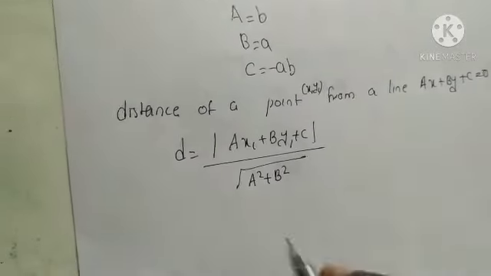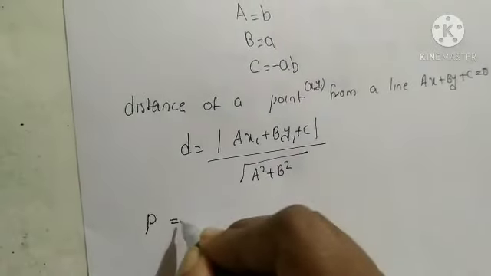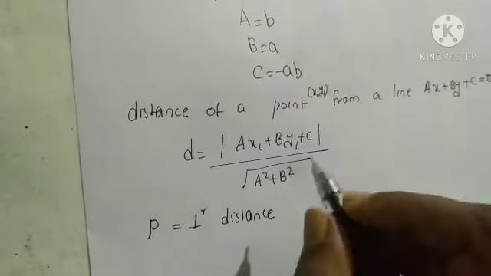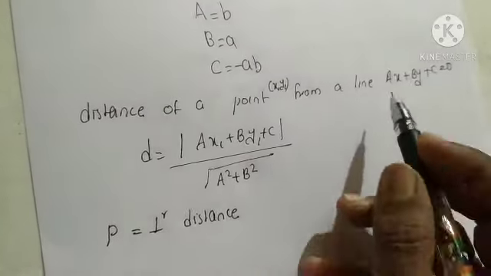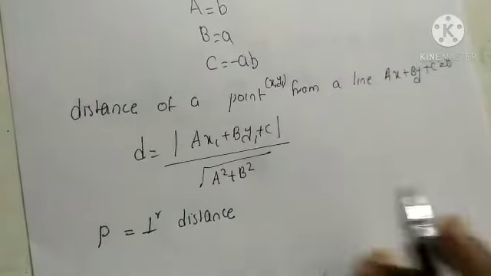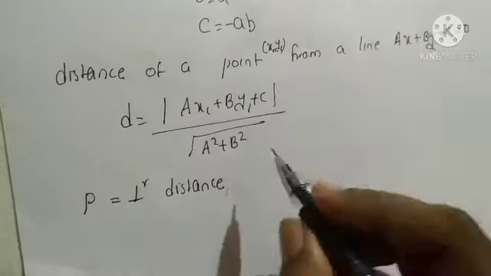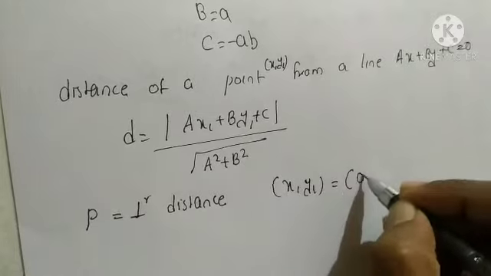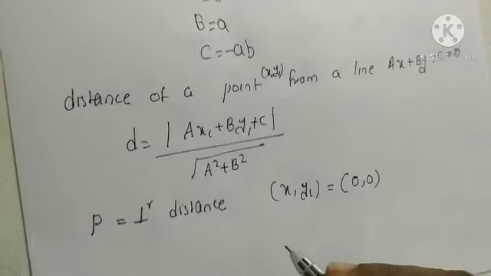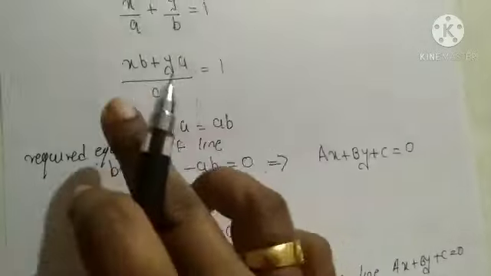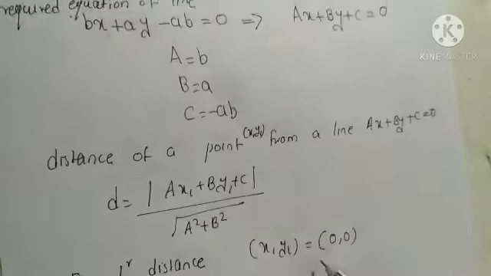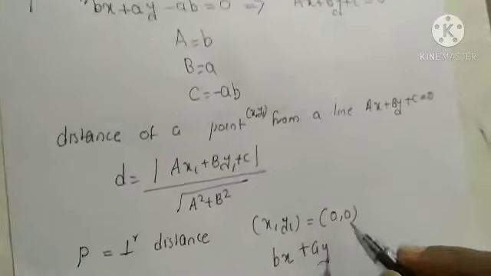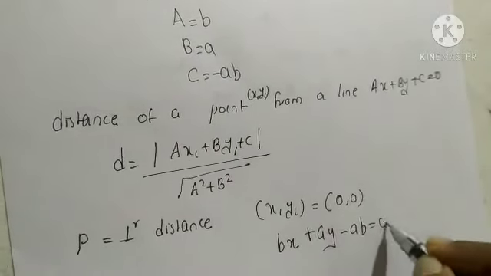Okay, so here given that P is the perpendicular distance from the origin to the line, the point x1 y1 can be taken as 0 0, that is the origin, and the line equation is bx plus ay minus ab equal to 0.